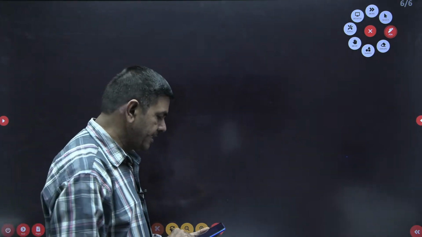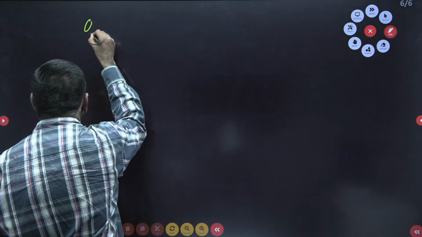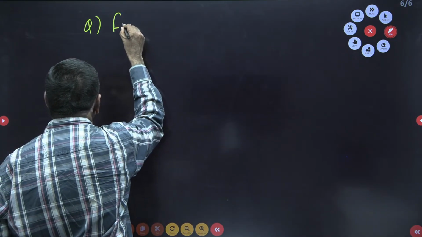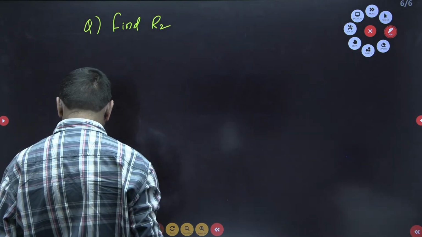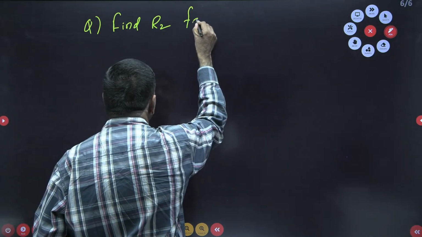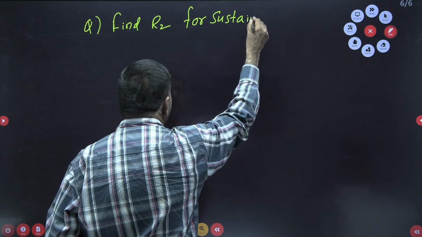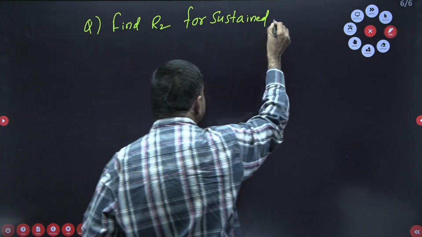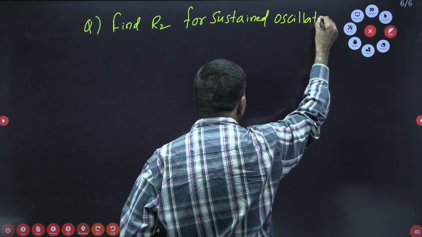So please try this. Find R2 for sustained oscillations.